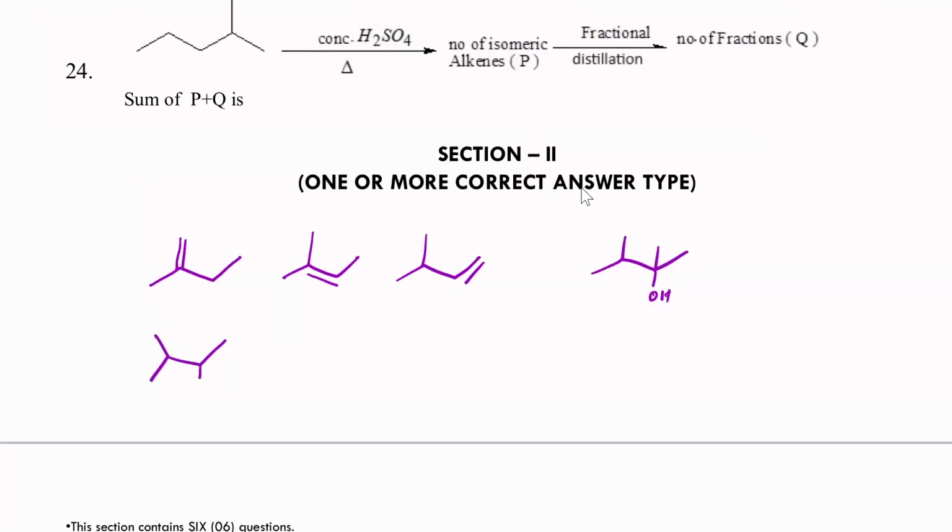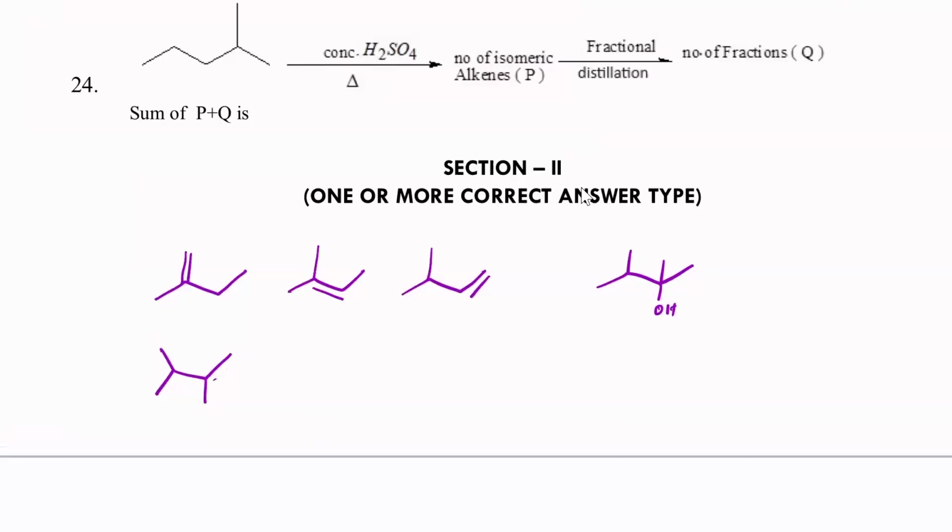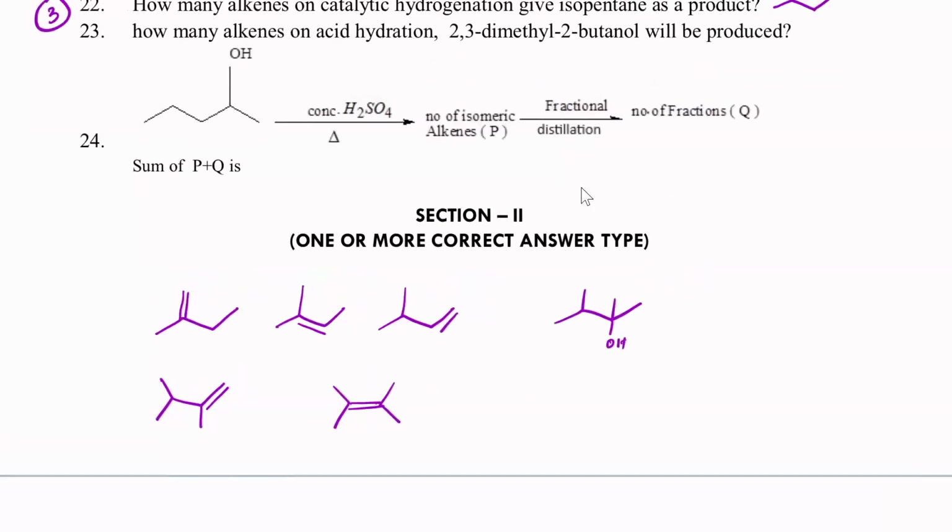Because this is how the structure is, I can put one double bond here or I can put one double bond here. So I think these are only two, sorry, because the rest are all repeated. Please check, if you hydrolyze these, you'll get two products that lead to the same product.